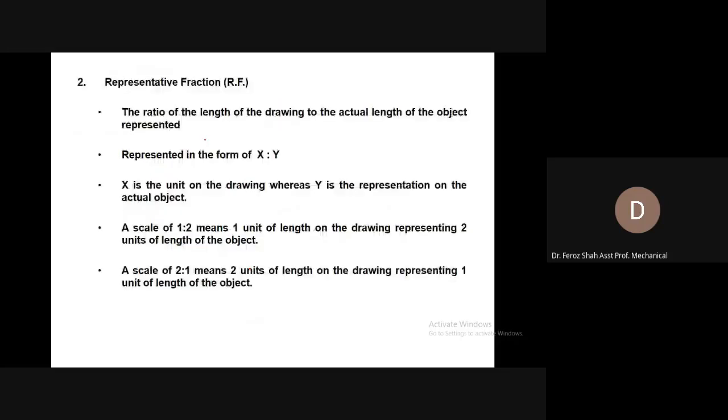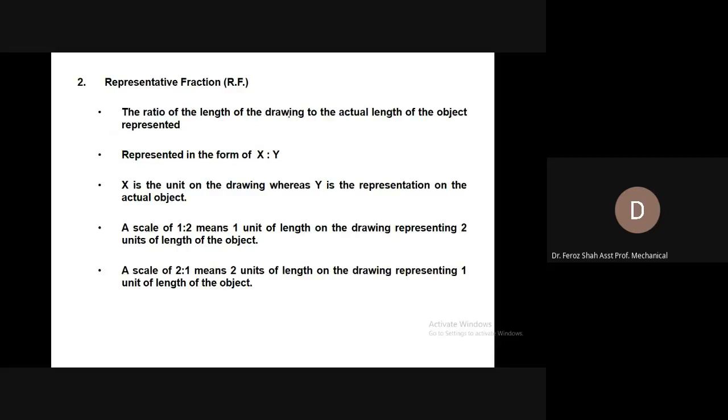Now, whether you use a reducing scale or an enlarging scale, that must be represented on your drawing sheet so that the reader could understand the actual size of the object. For that, the representative fraction is used.